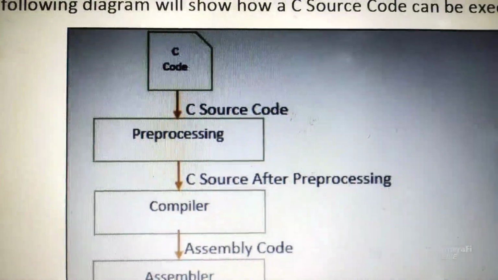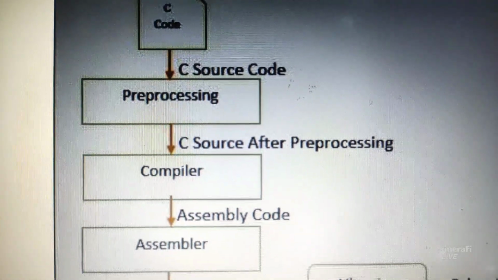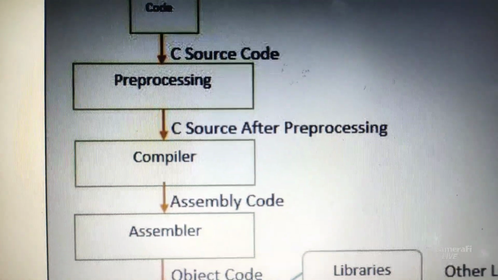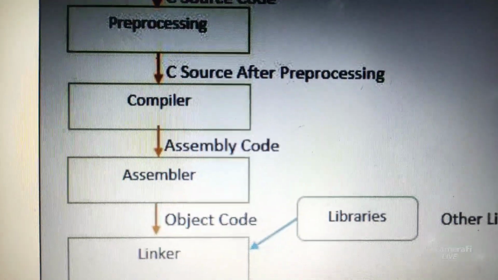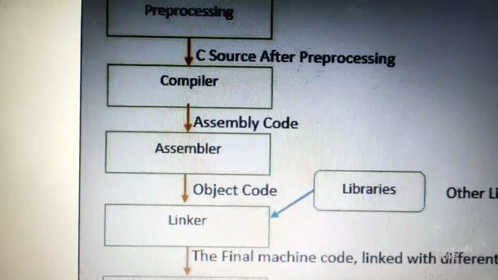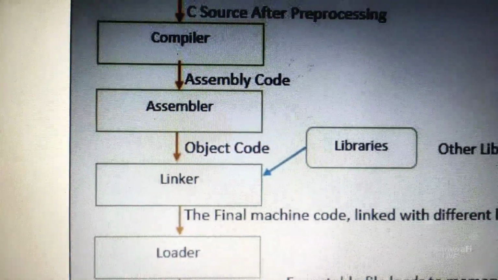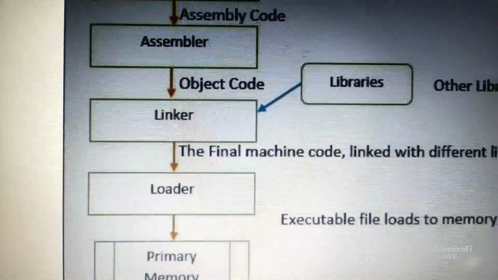I repeat: first we should write the program, then pre-processing statements and linking library files are done. The compiler in the software we are using will convert your C program, the English program, into assembly code. The assembler will convert the assembly code into object code.